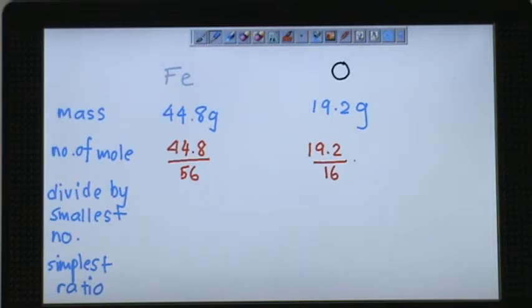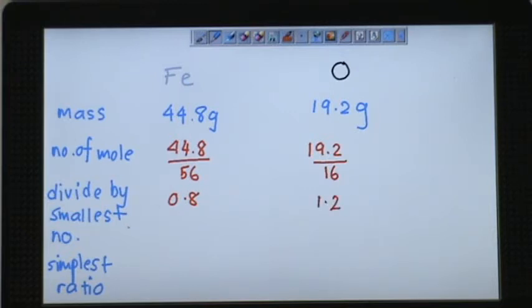Doing this will give us the answer. For 44.8 divided by 56, we should be able to get 0.8. And as for 19.2 over 16, we should be able to get 1.2.